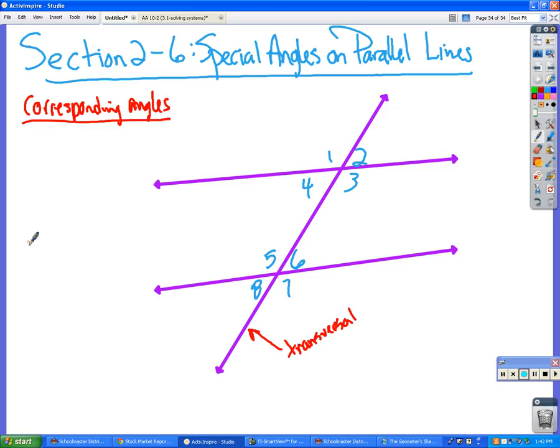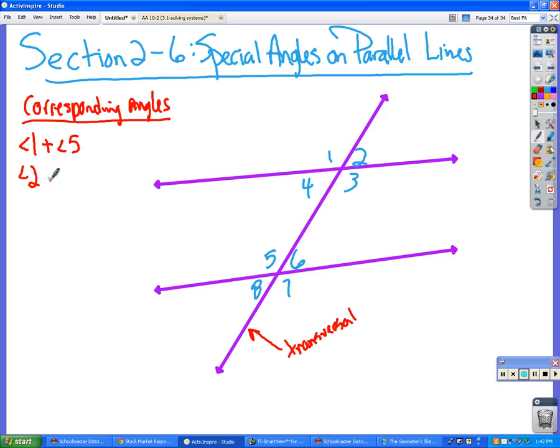And corresponding angles are angles that are in sort of the same location. So for example, if I said angle 1, what angle down here is in the same location as angle 1? Angle 5, because this is upper left, angle 5 is upper left. So angle 1 and angle 5 are corresponding angles.